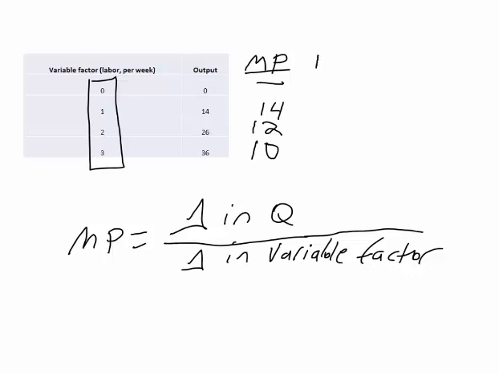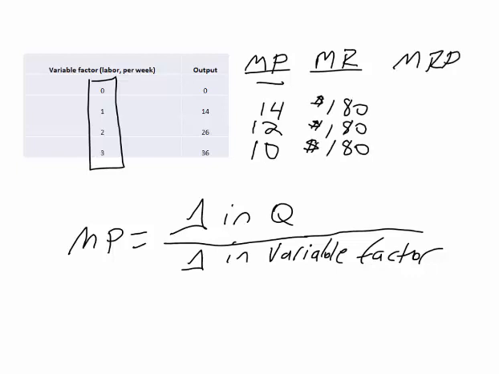Now, for our marginal revenue, we're going to assume that it just equals the selling price. So our marginal revenue is going to be constant throughout, and it's going to be $180 per unit. So our marginal revenue product, for 1 unit of labor, is just going to be 14 times $180, which is $2,520.